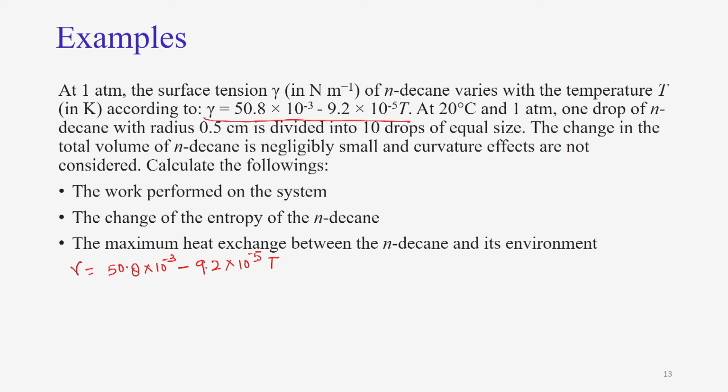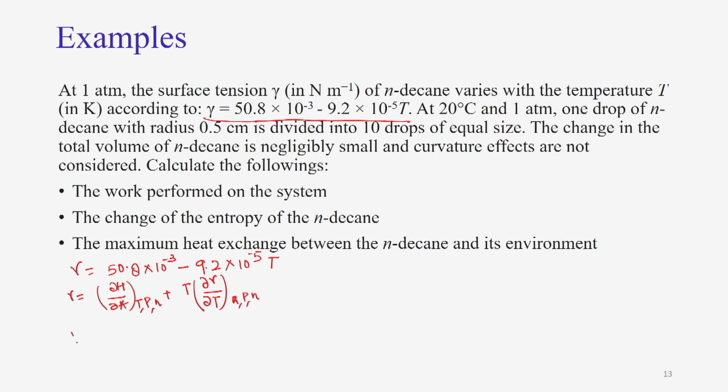Now, if I remember the thermodynamic expression for the interfacial tension, it says gamma equals dou H upon dou A at constant T, P, n plus T times dou gamma upon dou T at A, P and n.